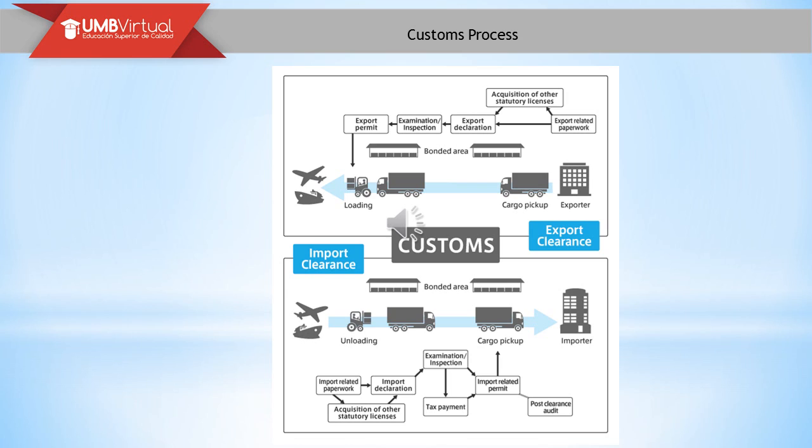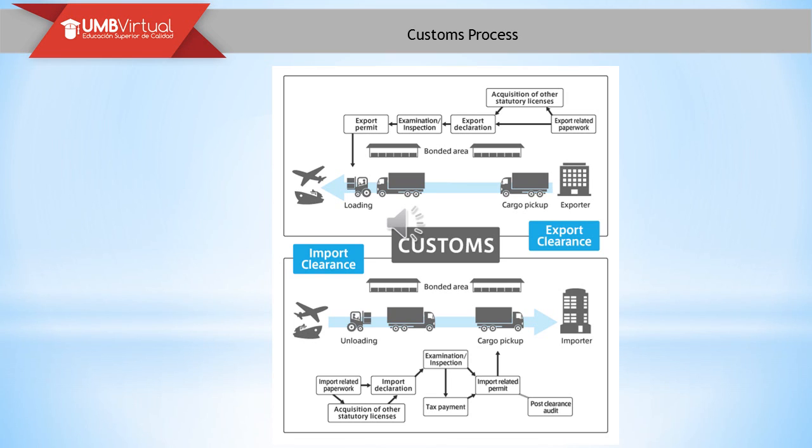Then we have to make a declaration of the exportation. Then there is going to be an inspection and a permit. Once we have all of this and the goods are in the bonded area, they go directly to the vessel or the airplane. In this case, it's going to be the vessel.